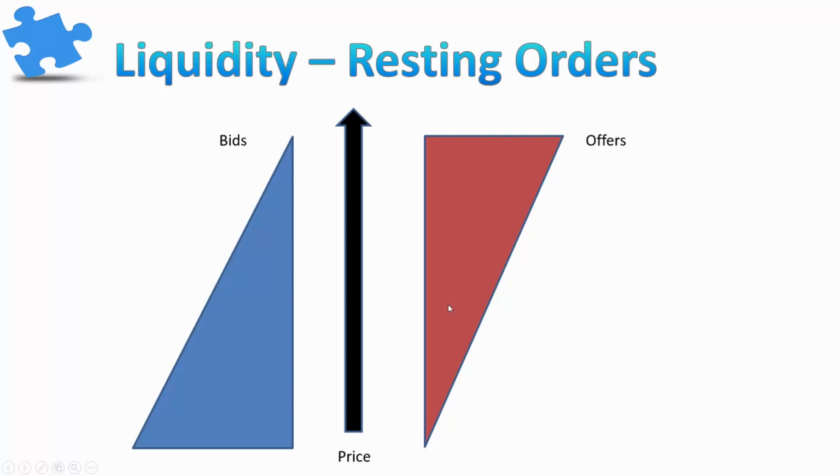At an area of resistance, generally speaking, the ceilings will be very thick, often 1.5 to 3 times the bids. In fact, if you're not sure whether a level you're looking at is one that other traders see as resistance, that alone will tell you. So as you get to resistance, the offers will very often be stacked.